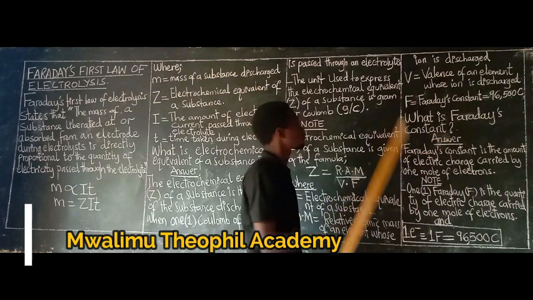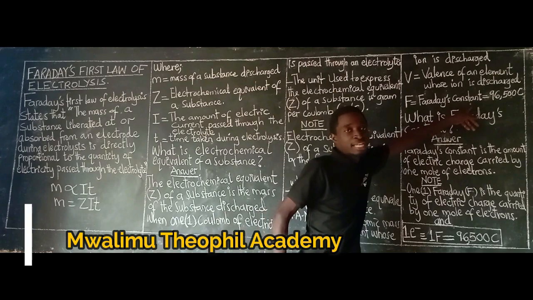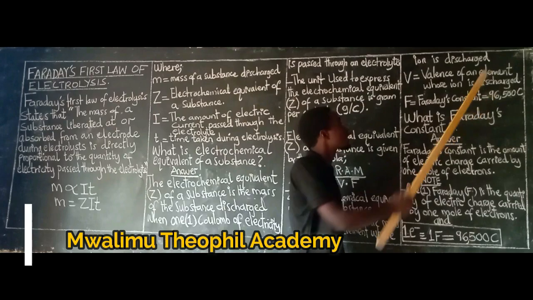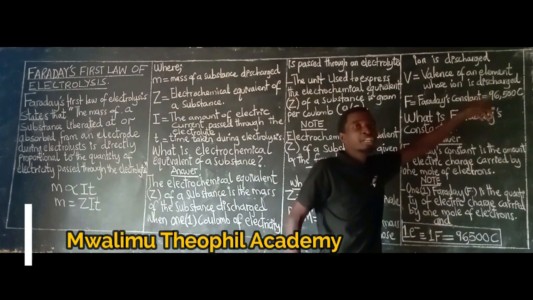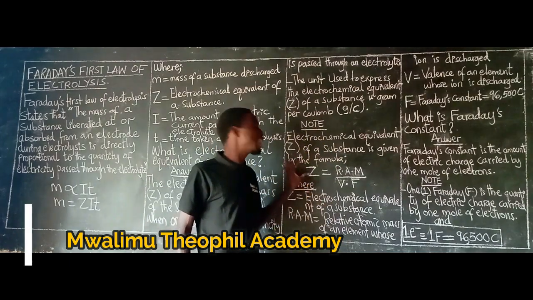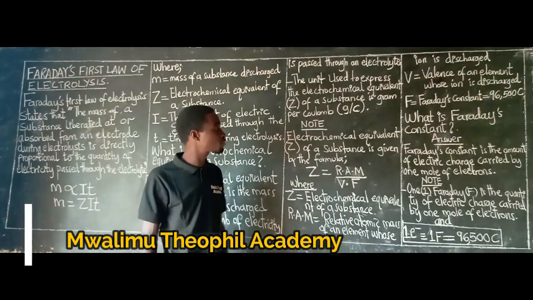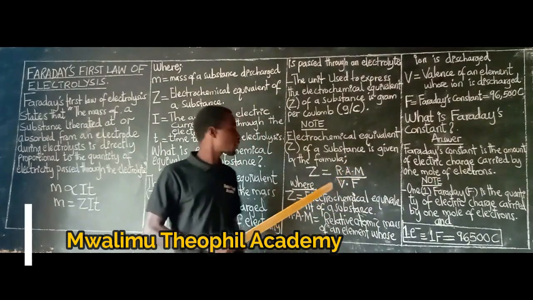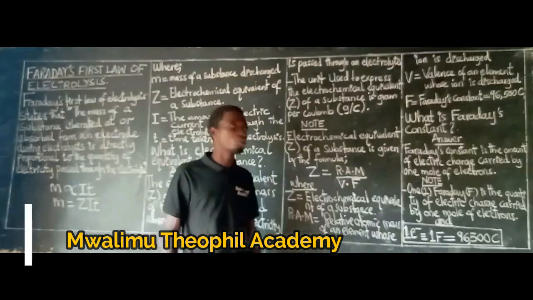And F stands for Faraday's constant. And this Faraday's constant is equal to 96,500 coulombs, as you can see. So, whenever you're asked to calculate the electrochemical equivalent of a substance, you have to take note that it is the relative atomic mass over the product of valence and Faraday's constant.